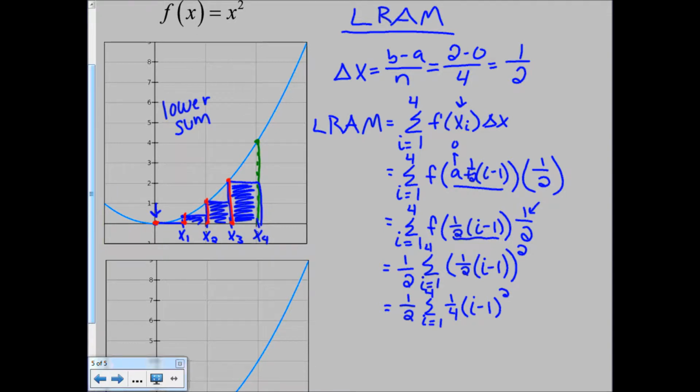So what we're going to do now is bring out this 1/4, which is going to make this a 1/8 on the outside, times the sum from i equaling 1 to 4. And we actually want to square out i minus 1 because it's going to make it easier for us to apply our summation rules. So i minus 1 squared is just going to be i squared minus 2i plus 1.